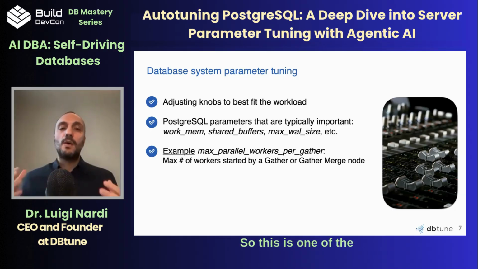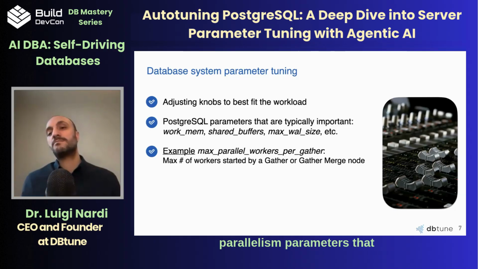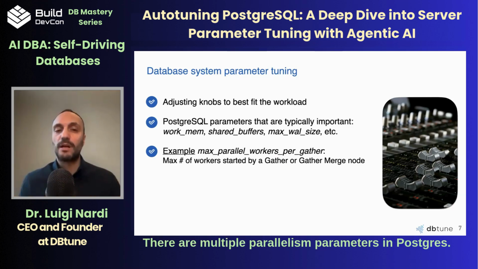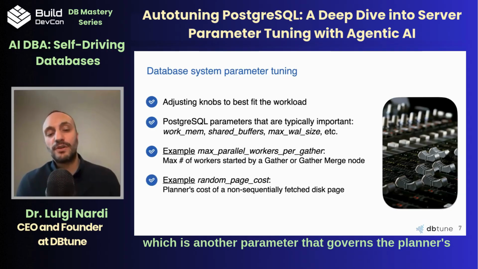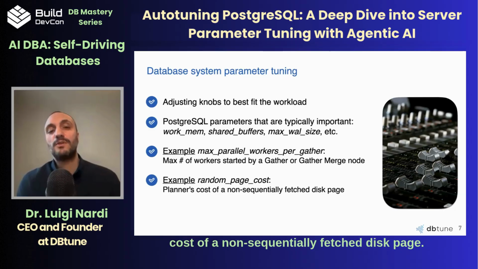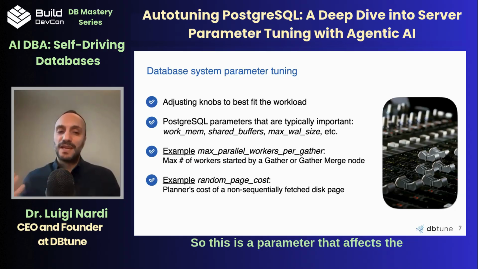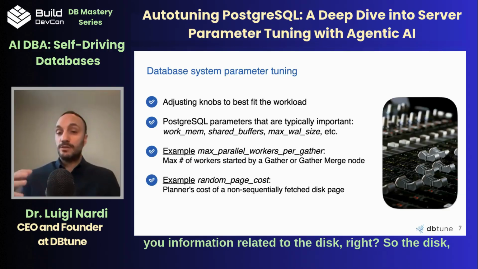So this is one of the parallelism parameters that exist in Postgres. There are multiple parallelism parameters in Postgres. And random_page_cost, which is another parameter that governs the planner's cost of a non-sequentially fetched disk page. So this is a parameter that affects the planner, and it gives you some information related to the disk, right?